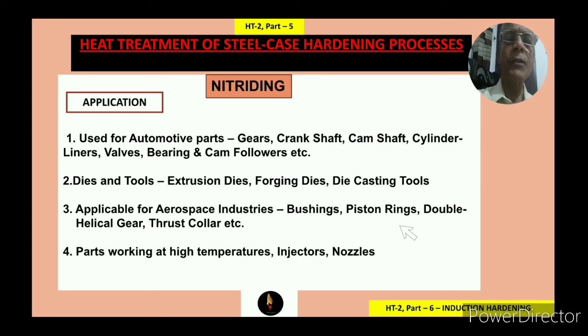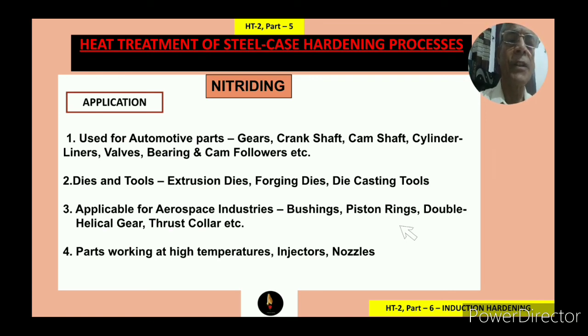So friends, I have covered almost most of the things required for nitriding, starting from the definition, then equipment, then the process flow diagram, and after that the reactions taking place inside the furnace, dissociation of ammonia, and the two processes, single and double stage, how to maintain the dissociation percentage, and the temperature difference between single stage and double stage.